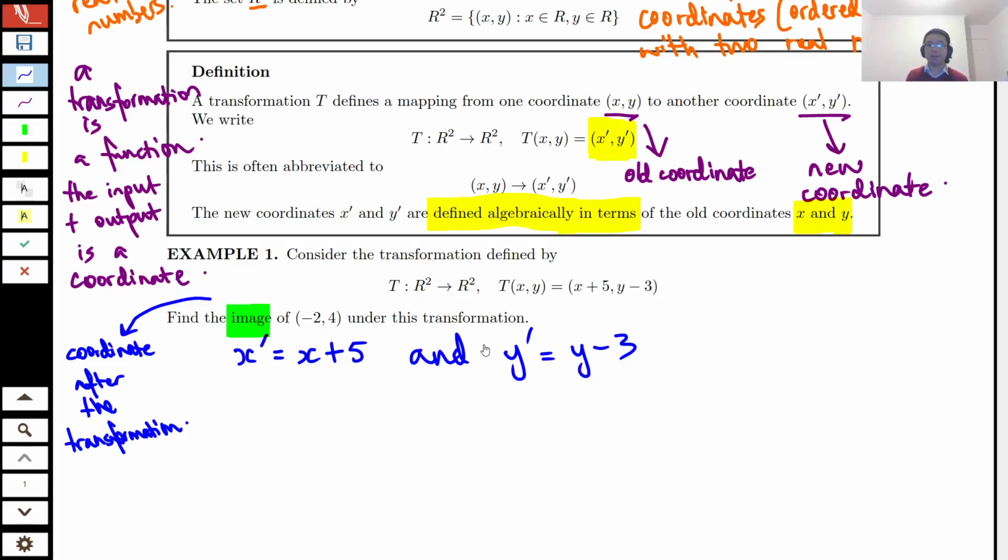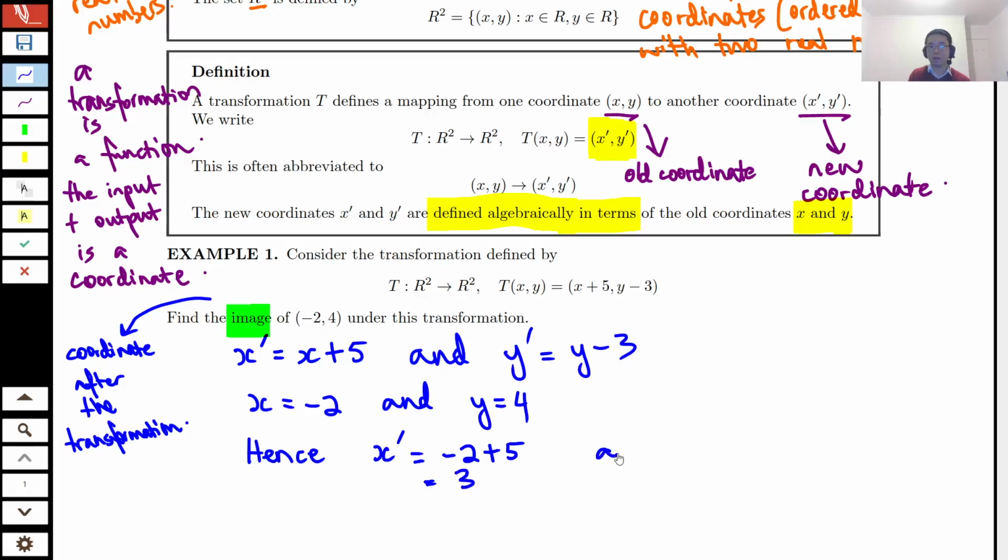So, my new coordinates x dash and y dash are defined in terms of my old coordinates, x equals negative 2 and y equals 4. So, that means if I substitute these two numbers, I get x dash equals negative 2 plus 5, and y dash is 4 minus 3.